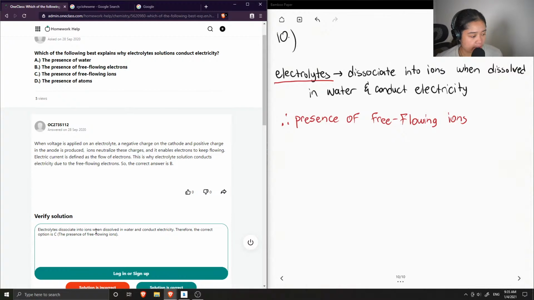Therefore, the correct option is C, the presence of free-flowing ions. Electrons are also needed to conduct electricity, but C best explains why electrolyte solutions conduct electricity.